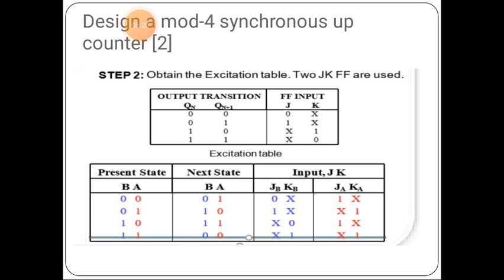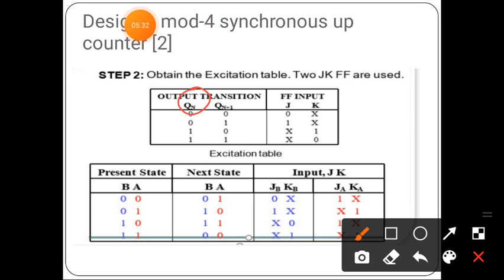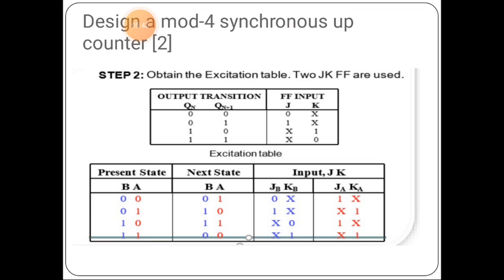Here Qn represents the present state and Qn plus 1 represents the next state. We have already studied the excitation table, so we just draw the excitation table of the JK flip flop.